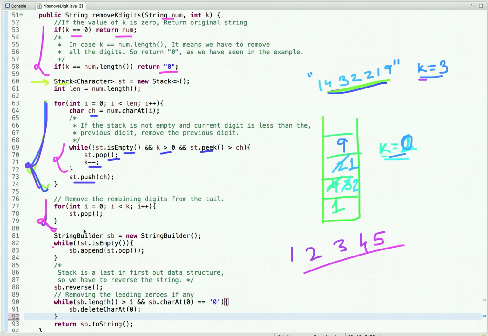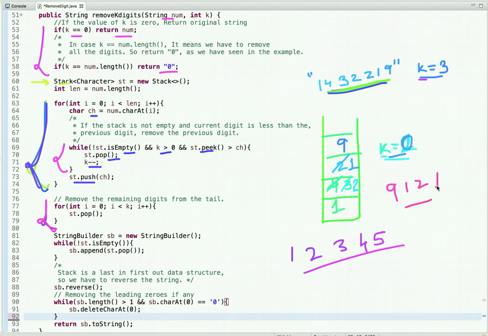Now after that, I'm traversing this stack and simply appending the digits to a string builder. So let's say 9 comes first, then 1, then 2, then 1. Stack is a last in first out data structure, so the element which we push first is the last element to be popped out.